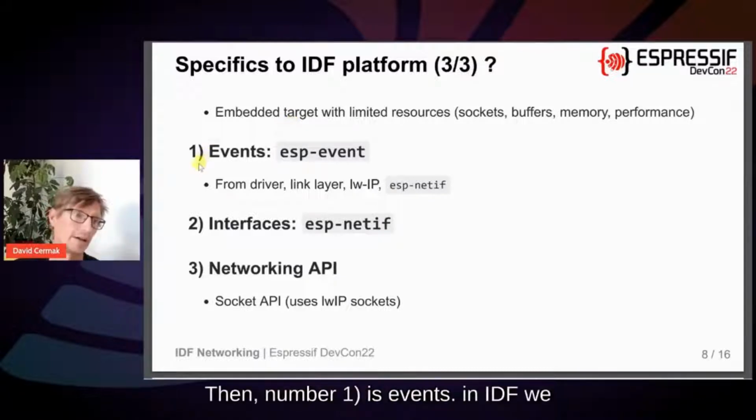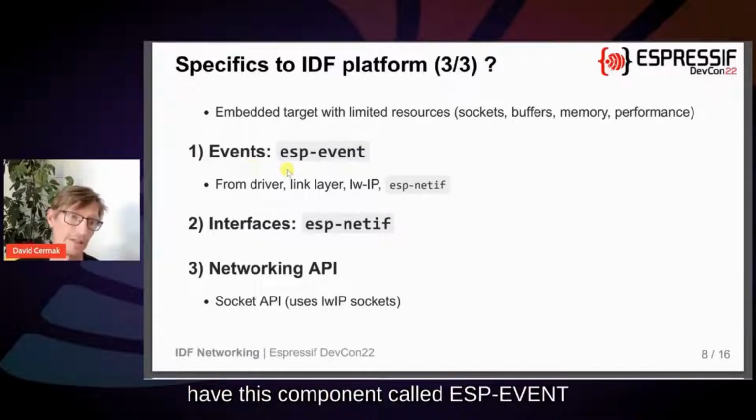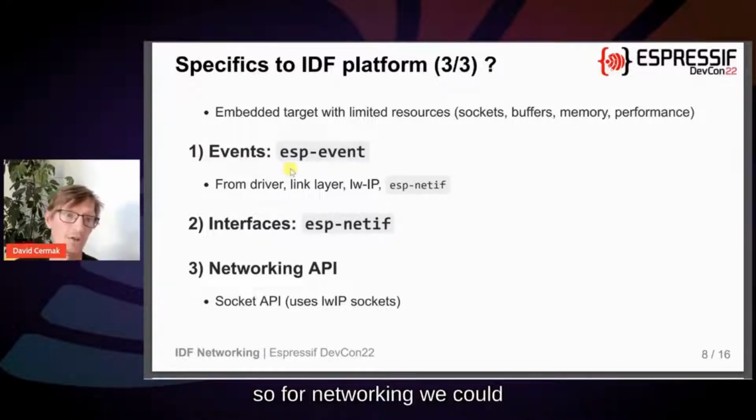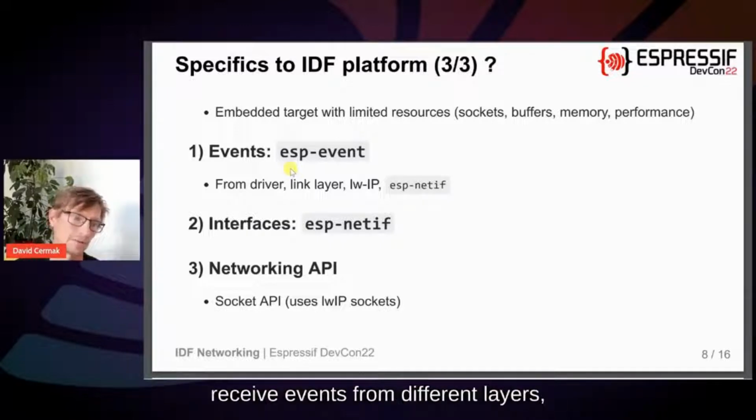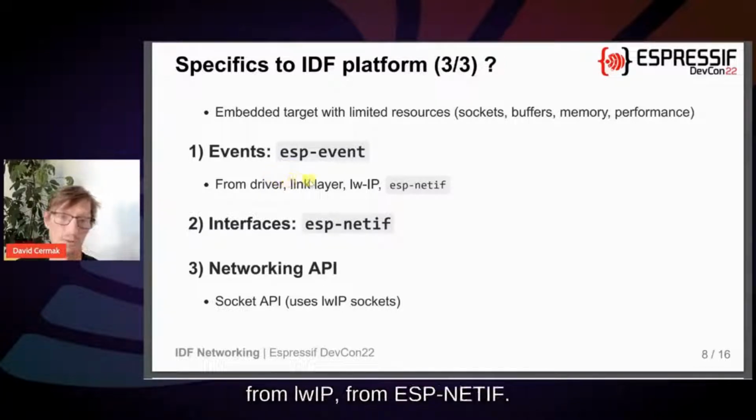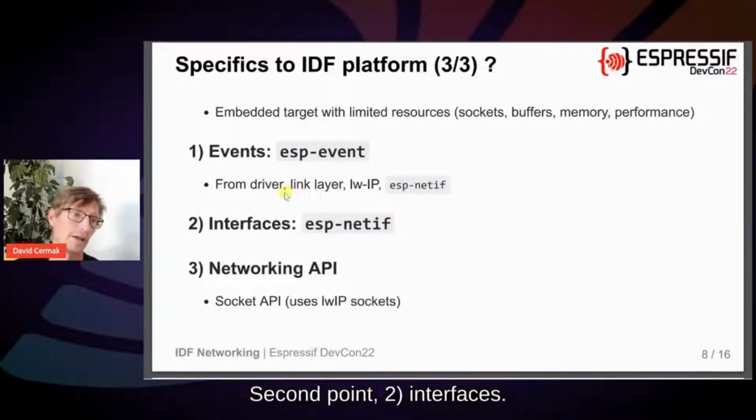Number one is events. In IDF we have this component called ESP event. For networking, we could receive events from different layers: from the driver, from the link layer, from LWIP, from ESP-NetIF. Second point, interfaces.